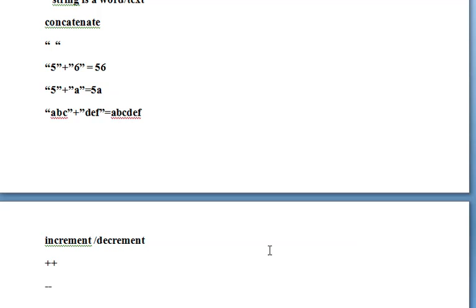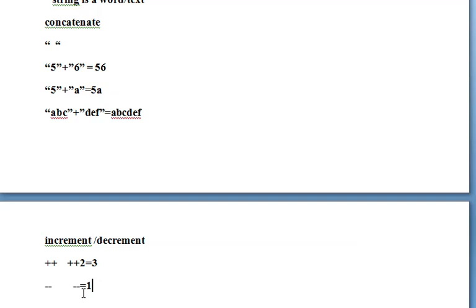These are shorthand notations which we can use to increase or decrease the value. Like if I write plus plus 2, it will be treated as 2 plus 1, increment by 1, that is it will equal 3. If I write minus minus 2, it will give you 2 minus 1, decreasing the value by 1, and it will give you the answer as 1.